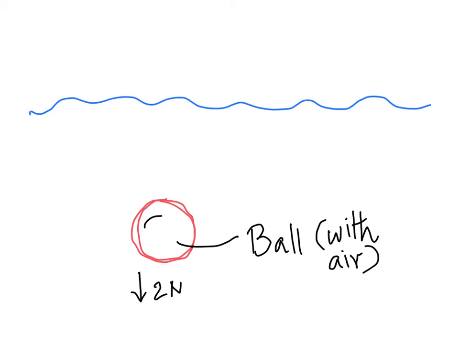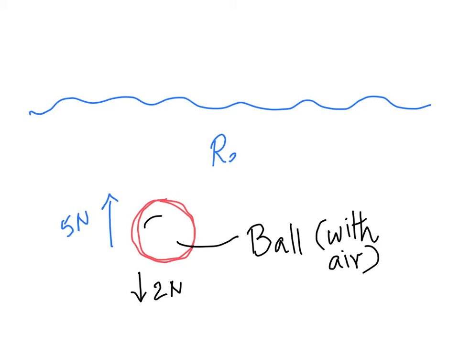You can almost predict the ball is going to bob upward and move upward in this way. So your upthrust is going to be more than 2 newtons, so let's say 5 newtons. You can see the net force, the resultant force, is going to be acting upward because that force is bigger. And to calculate that, it's pretty easy. 5 take away 2 newtons, so it's 3 newtons upward.